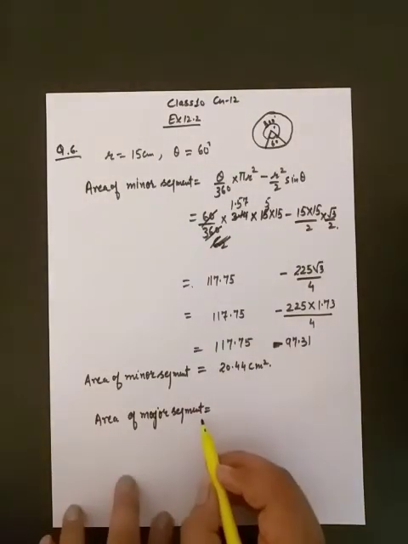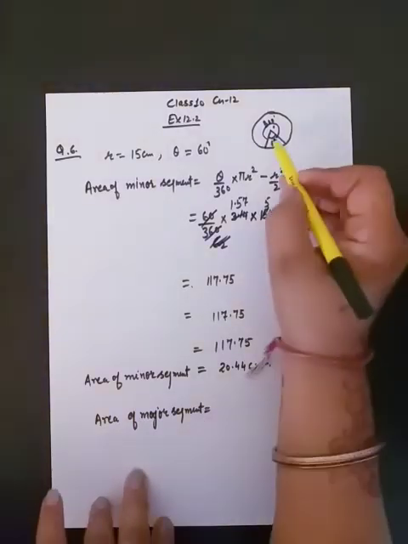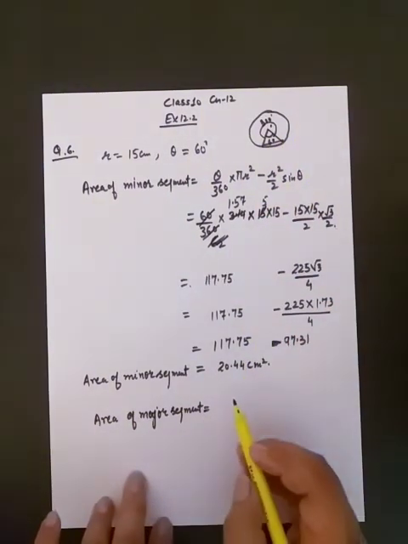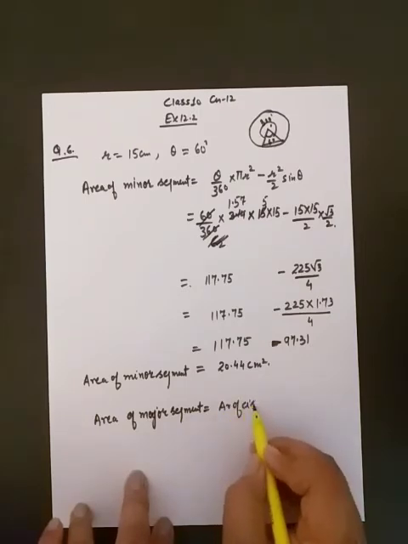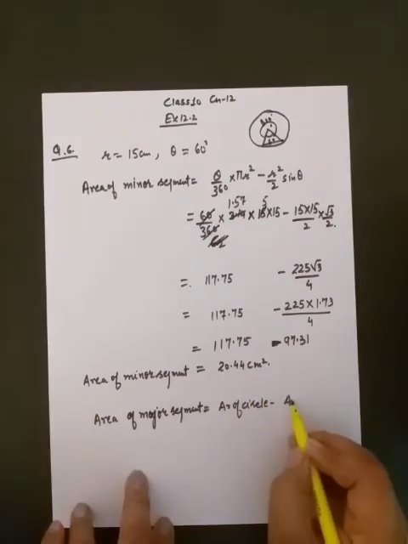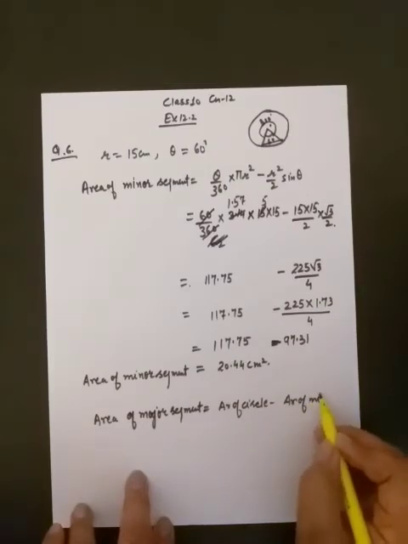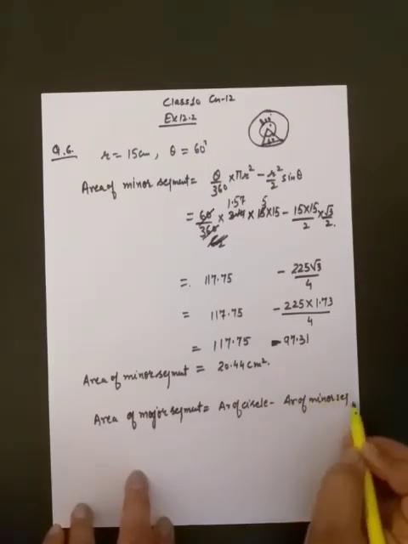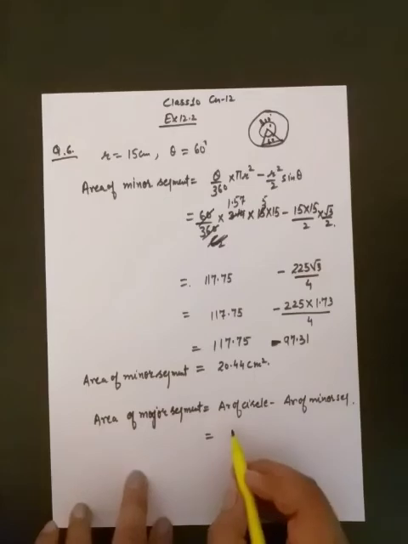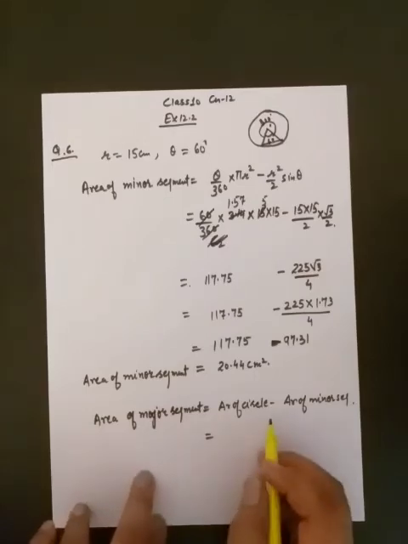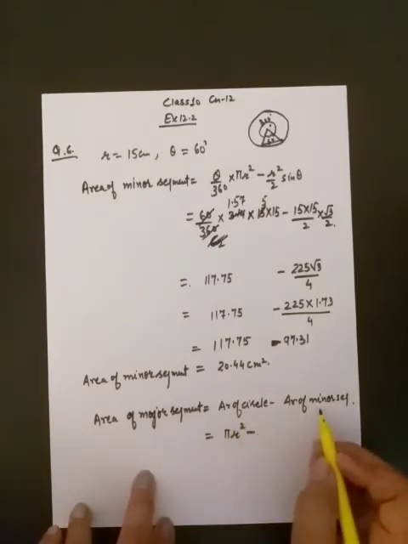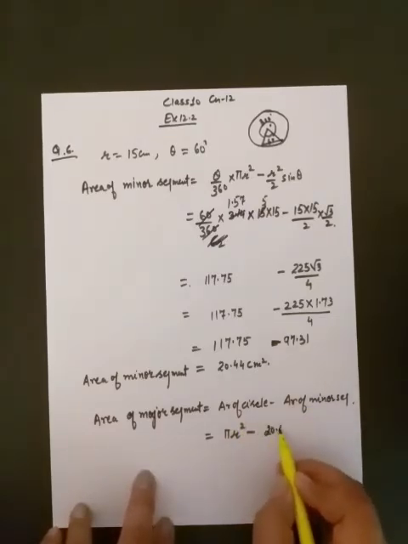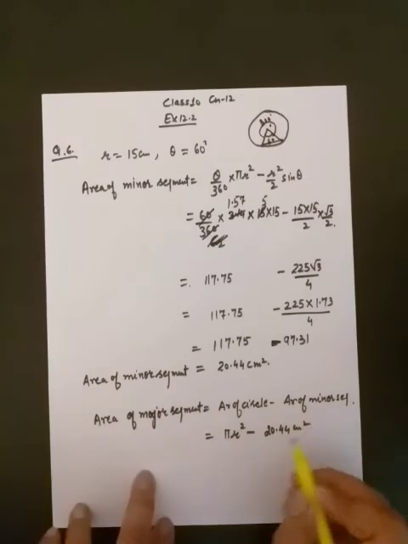So we can find the area of major segment by area of circle minus area of minor segment, meaning if we subtract the area of the minor segment from the complete circle, we will get the area of the major segment. So it will be pi r square and this minor segment area is 20.44 centimeter square.